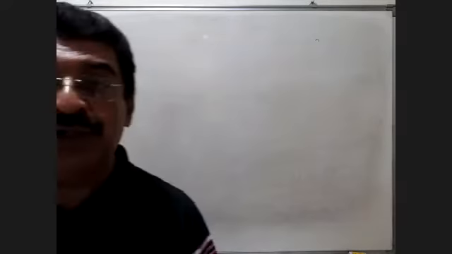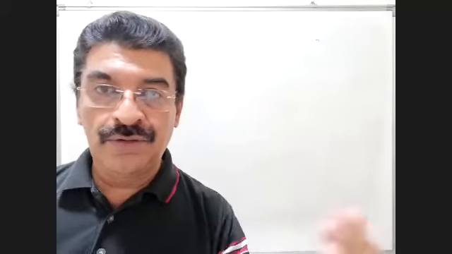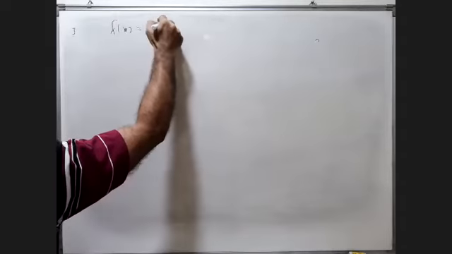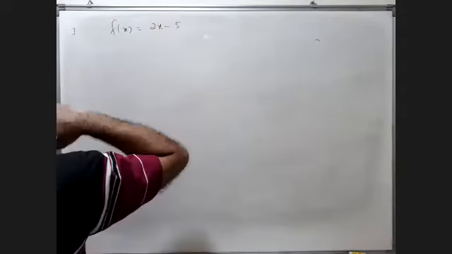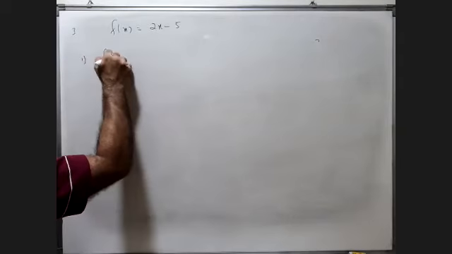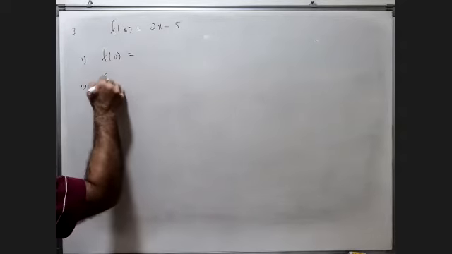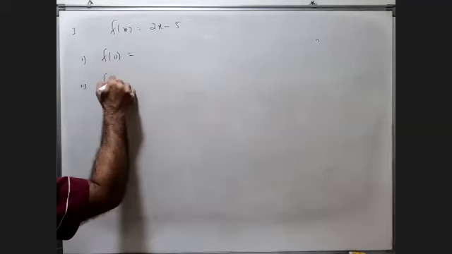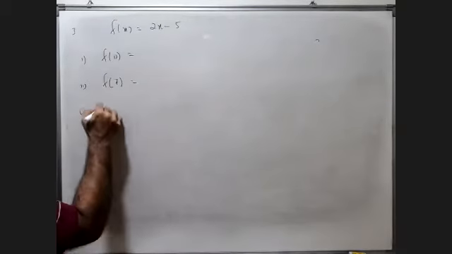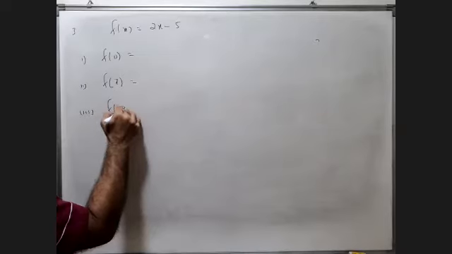Now, question number 2 and 5, we will do last together to find domain and range. Now, we will do question number 3 and 4. Question number 3. A function is defined by f of x is equal to 2x minus 5. The question is to find f of 0, f of 7, and the third is f of minus 3.